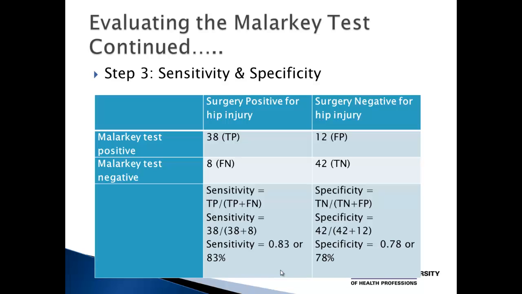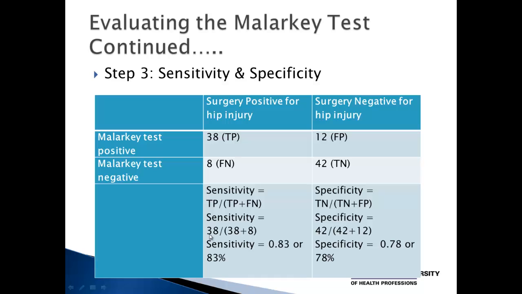And it is basically a proportion or percentage of positive test results relative to the actual number of gold standard positive results. As we look at this formula for sensitivity, it's basically a ratio between the number of true positive results and the number of true positive results plus the number of false negative results. We take this denominator, true positive plus false negative, divided into the true positive values.